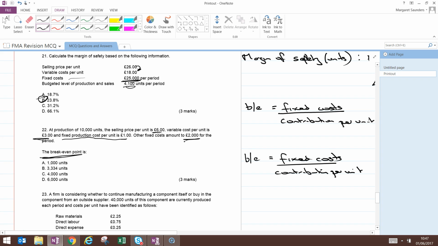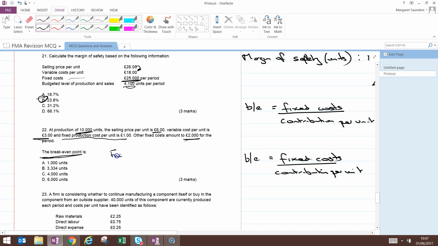And remember, a fixed cost is a cost that relates to a period. It's also referred to in marginal costing as a period cost. So we don't want the fixed cost per unit, we want the fixed costs for the period. What we do know is that in this particular period we're going to be doing 10,000 units.